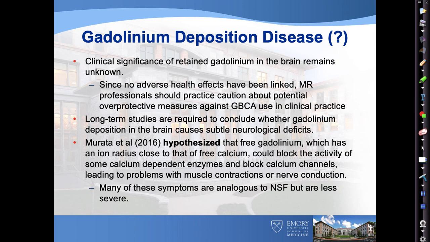Many of these symptoms are analogous to NSF, but are less severe. Another hypothesis is that since gadolinium deposition primarily occurs in the dentate nucleus and globus pallidus, it is likely that any clinical manifestations would relate to dysfunction of these structures, such as movement disorders or even issues with balance.